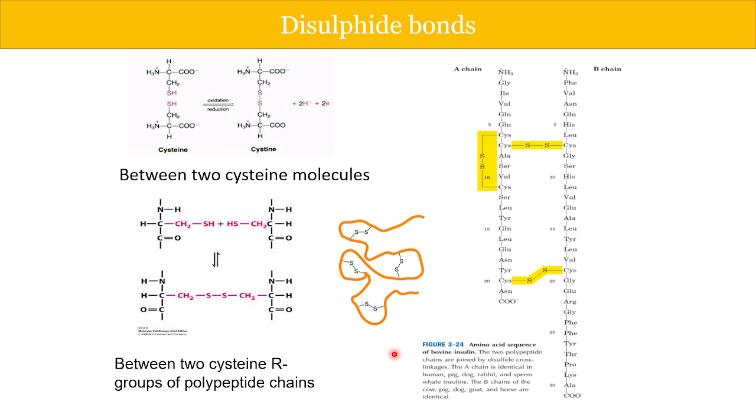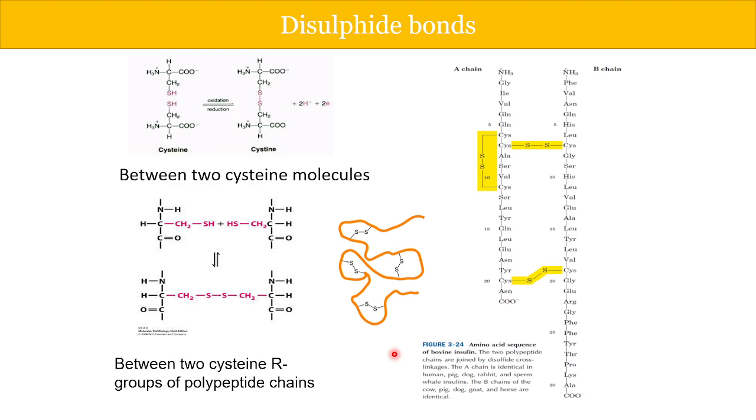So there is a redox reaction going on, and these disulfide bonds are very important, because if you get a very stable disulfide bond in the protein molecule, your protein is very stable. Okay, your protein is well folded, your protein's functionality is fantastic.